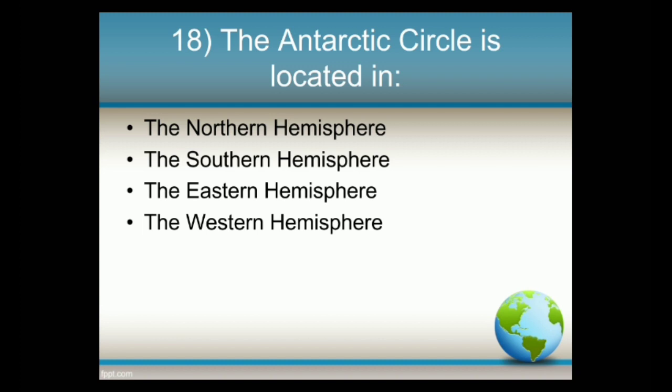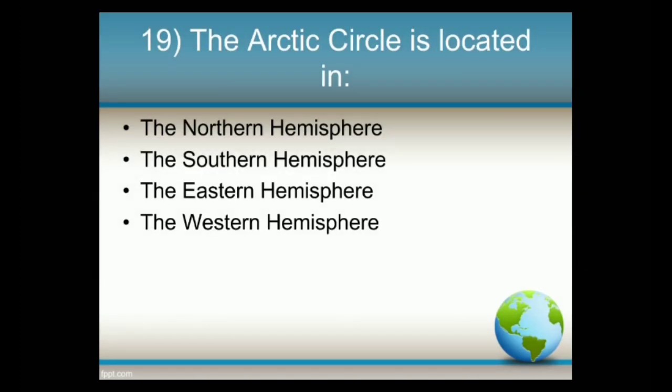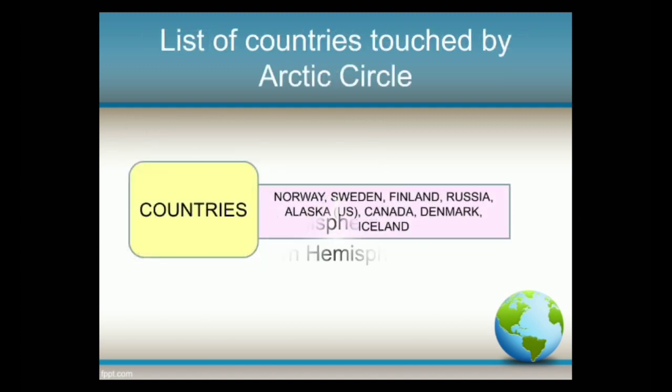And the answer is the southern hemisphere. Next, the Arctic Circle is located in options northern hemisphere, southern hemisphere, eastern hemisphere and western hemisphere. And the answer is northern hemisphere. Antarctic Circle is in southern hemisphere and the Arctic Circle is in northern hemisphere.